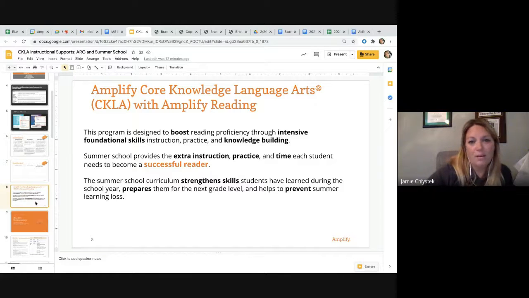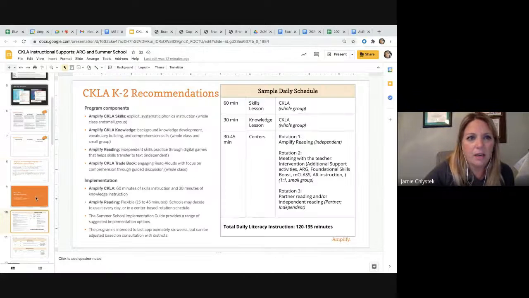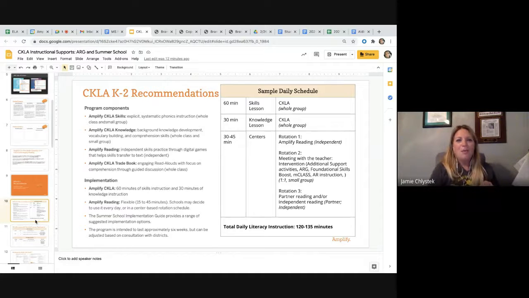So we have some recommendations that we've created across the company. I'm going to skip here, and I know I'm not presenting full screen, but this will be easier for me to navigate. So we have particular units for kindergarten, first and second grade that we're recommending for summer school programming.